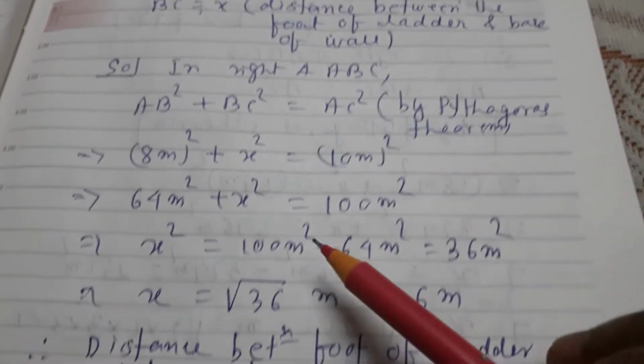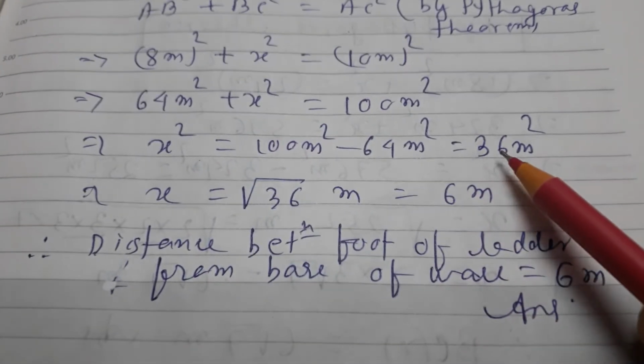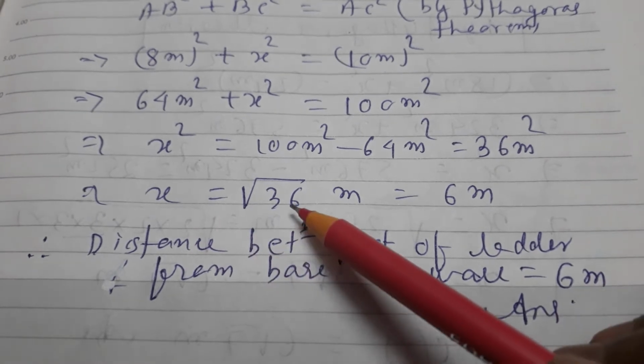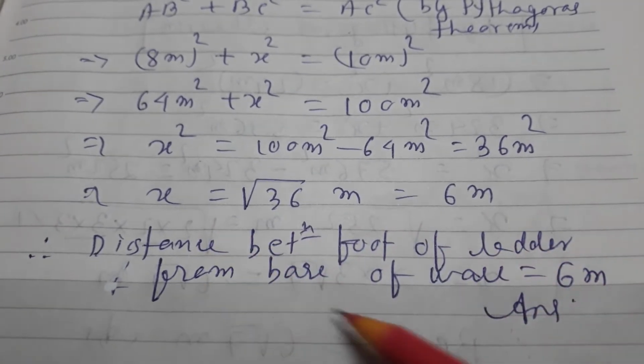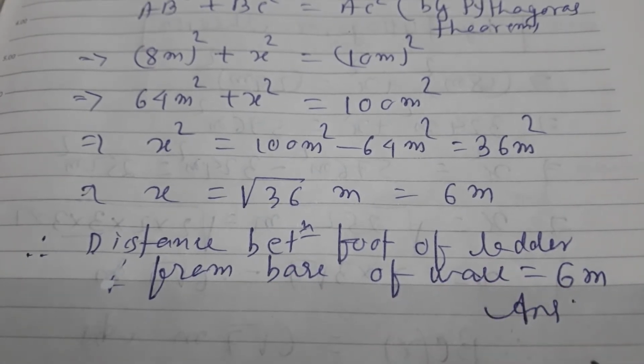X square equals 100 meter square minus 64 meter square, and we get 36 meter square. So x equals root under 36 meter, that is 6 meter. So the distance between the foot of the ladder and the base of the wall is 6 meter.